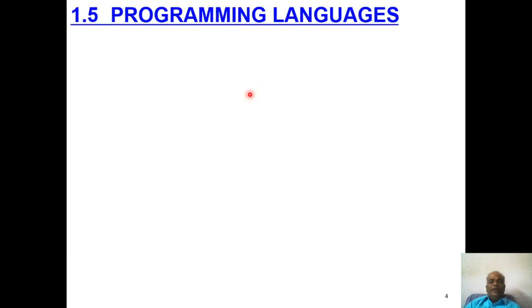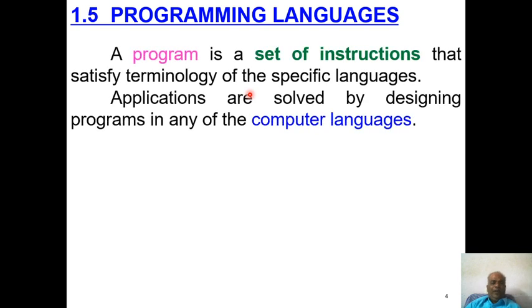Similarly, a computer system also uses some programming languages. All these programming languages consist of a set of programs. These programs have a set of instructions. These instructions satisfy the terminology of the specific languages.